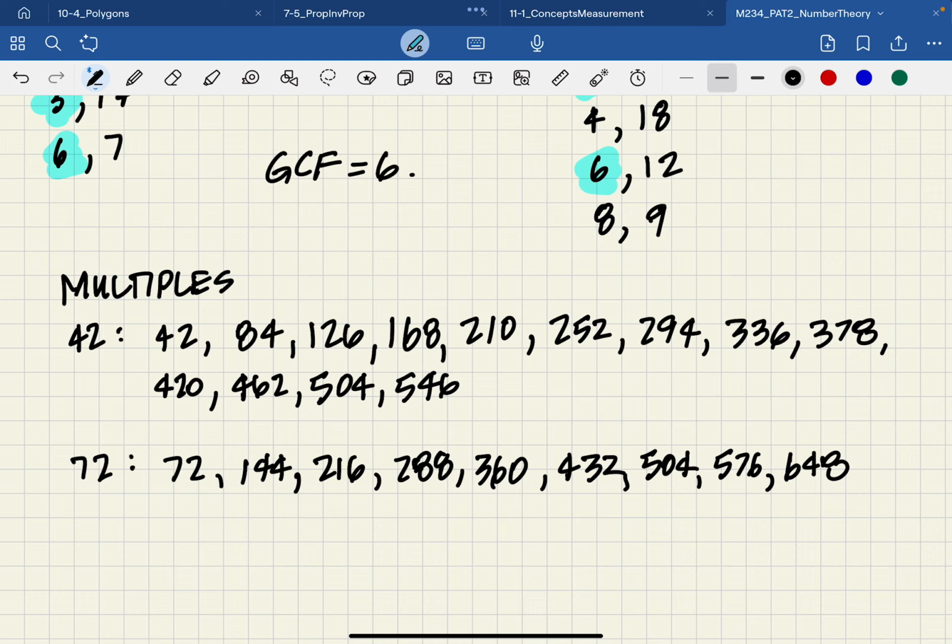So 504, I'll go ahead and highlight that green. 504 is definitely a common multiple. Does anybody see any others? Let's just make sure here. 84, 126, 168, 210, 252, 294, 336, 378, 420, 462.